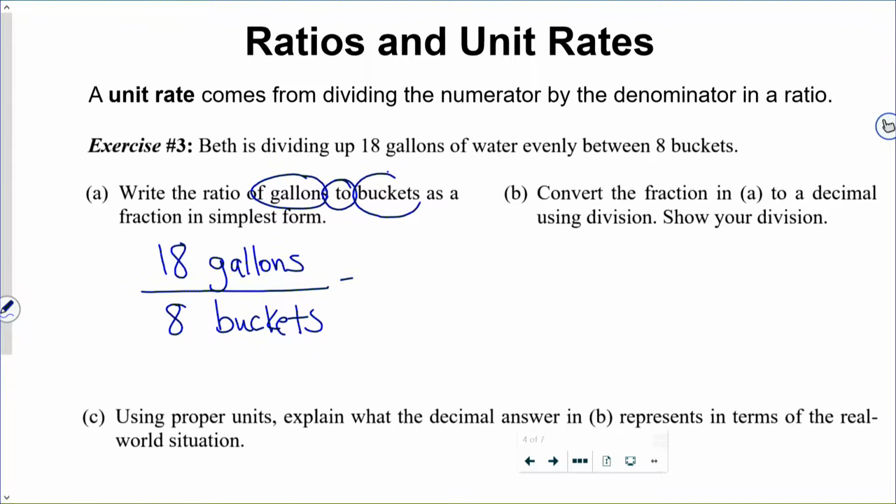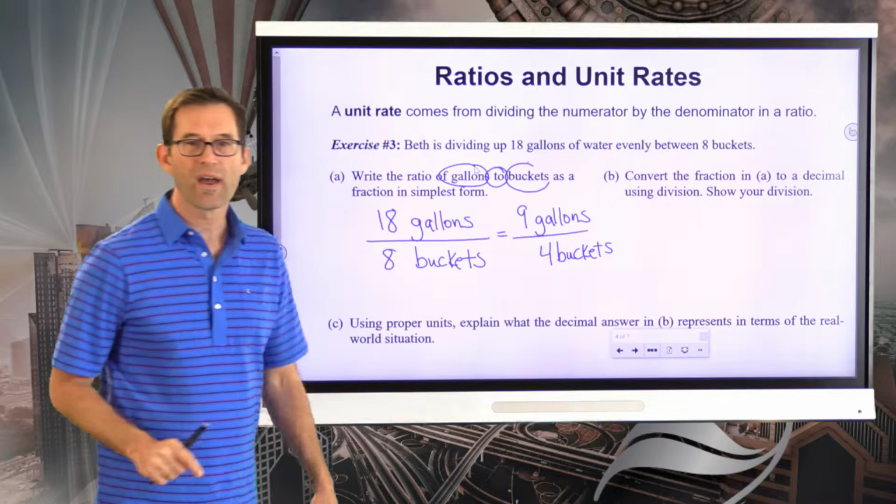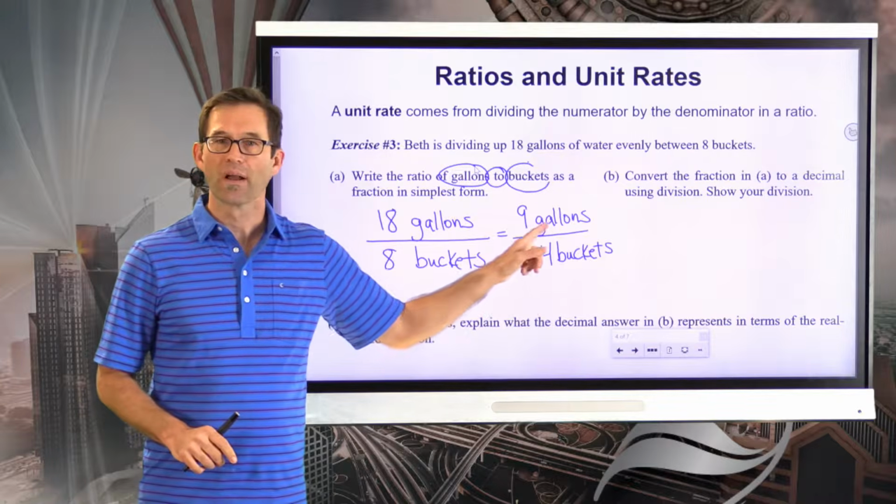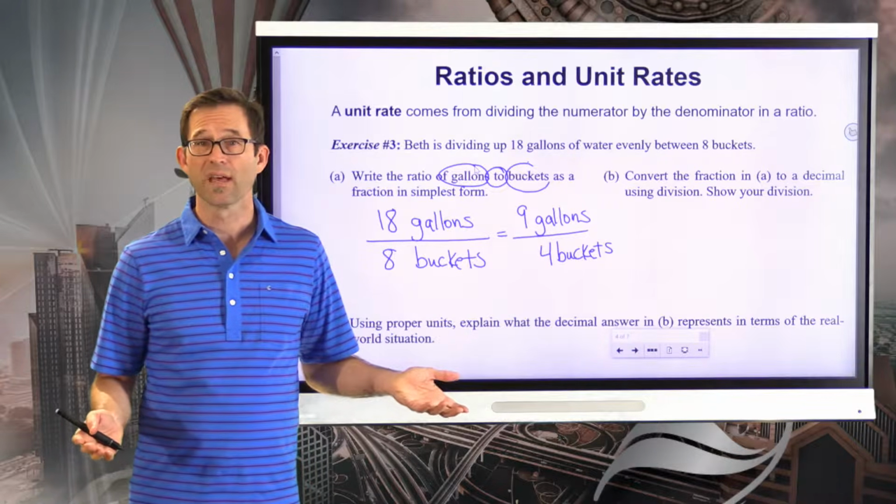Okay, it says simplest form. I can divide both of those by 2. So that means I'm going to have 9 gallons per 4 buckets. And by the way, this should really make a lot of sense. If I have 18 gallons in 8 buckets, then 4 of those buckets contain 9 gallons. Makes a lot of sense.